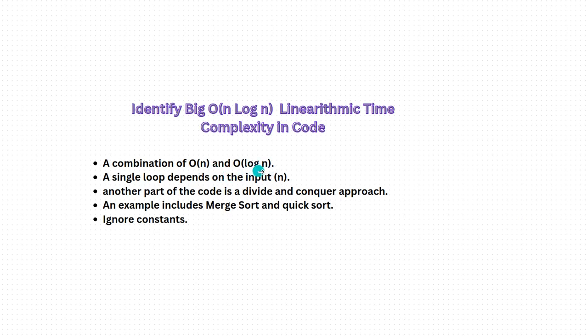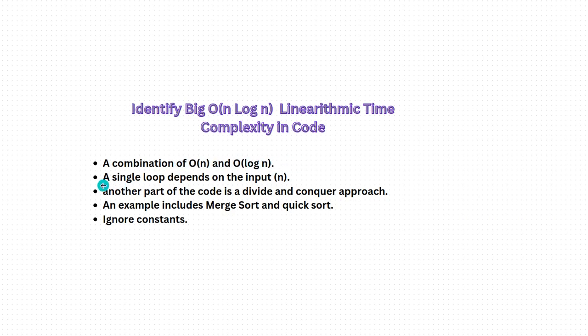If you can remember vividly, we talked about this some few minutes ago, and also the Big O of n. So we've talked about the criteria of Big O of n, and we've also talked about the criteria of Big O of log n. So this Big O of n log n is the combination of these two.